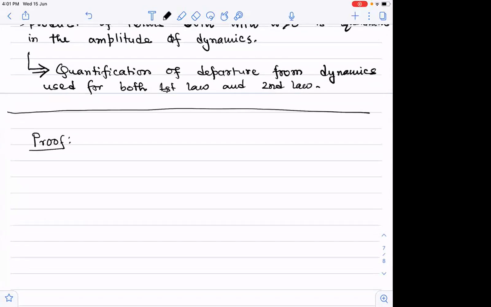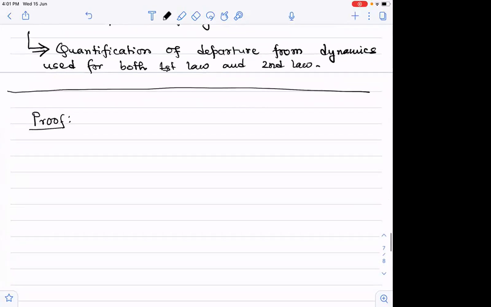Okay, now I'll come to the proof. What are the assumptions? The assumptions for this proof, it's not the most general proof, I must say, is that the Lagrangian is of this form.